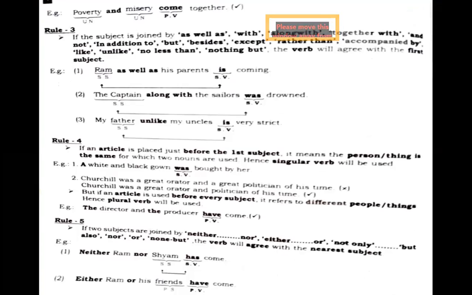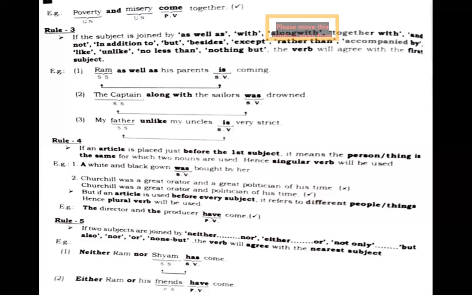Now the next rule: if the subjects are joined by as well as, with, along with, together with, and not, in addition to, but, besides, except, rather than, accompanied by, like, unlike, no less than, nothing but, the verb will agree with the first subject.